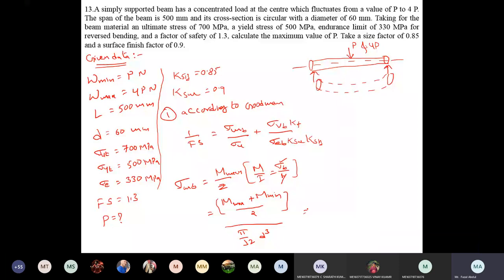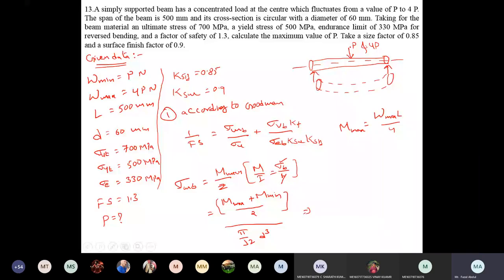Now we need to calculate the maximum bending moment separately. Can anybody tell the answer? W maximum L by 4, because this is a simply supported beam with a mid-span load.